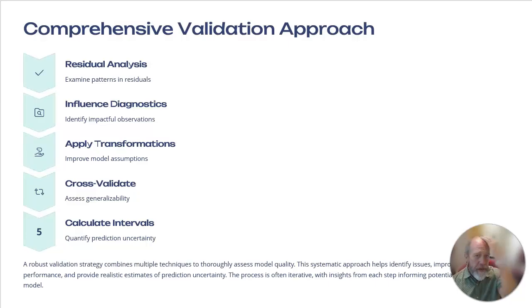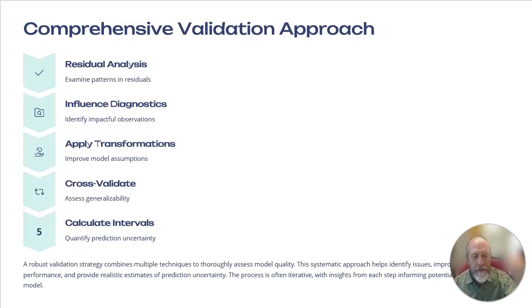You've got different ways of looking at the residuals. You need to know what a residual is: you take the observed, you take the predicted, and the difference of those is important. You can look at the influence: do individual points have undue impact on the model fit?